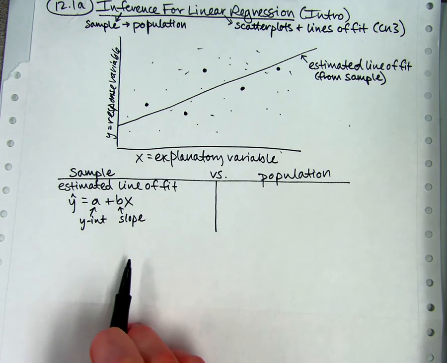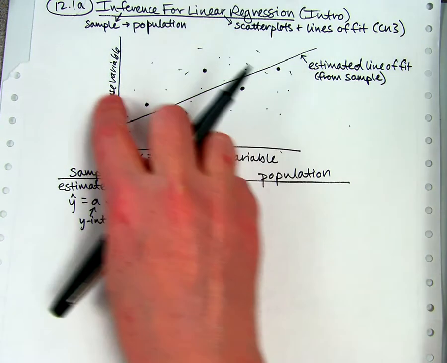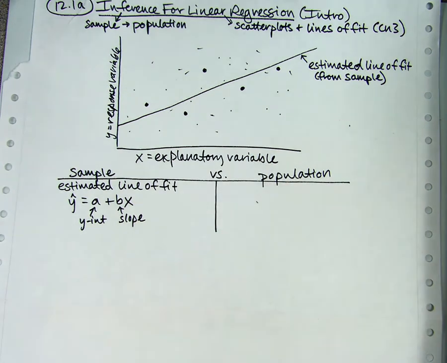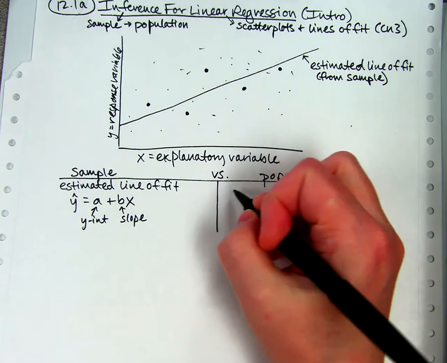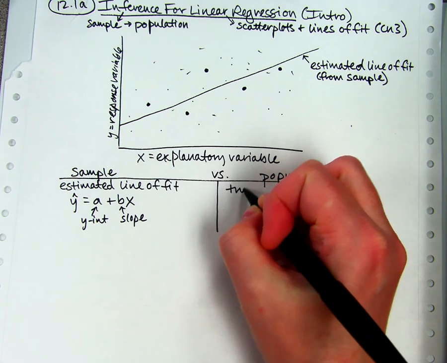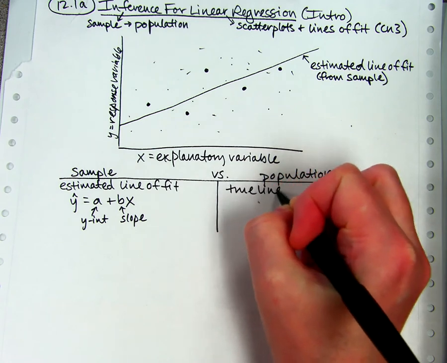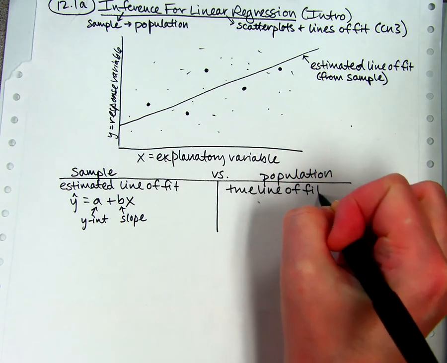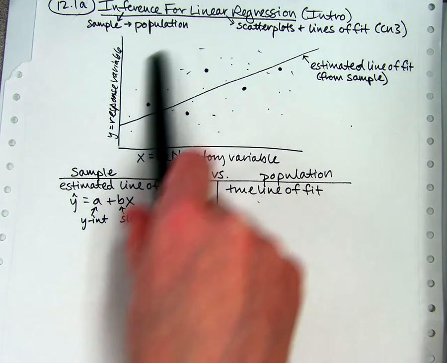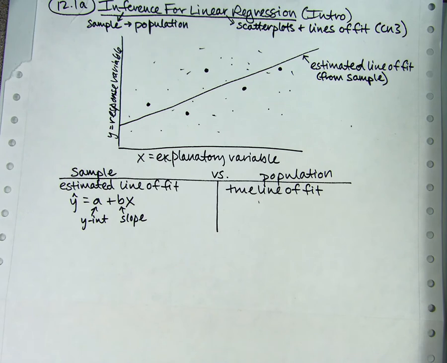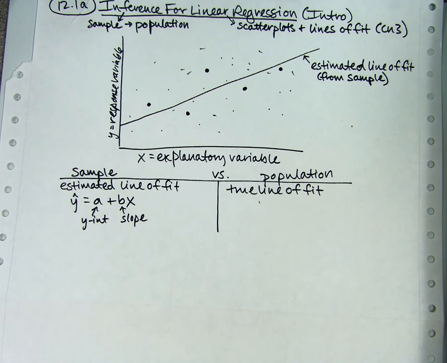But I want to remind you that there's this bigger population happening, that in the bigger population, we have what I would call the true line of fit, which is the line of fit that would happen if we could actually get all the data. If we could gather all the data on all of these points and find the line of fit, we would get the true line of fit.